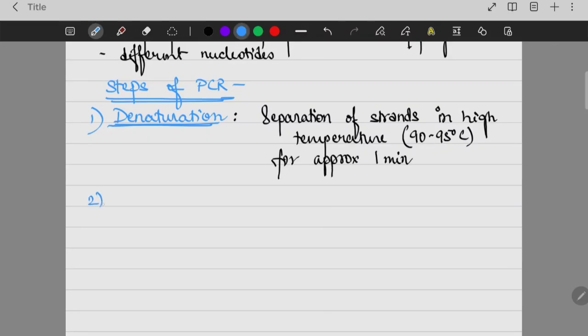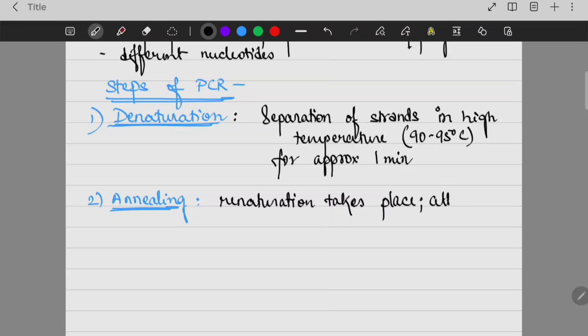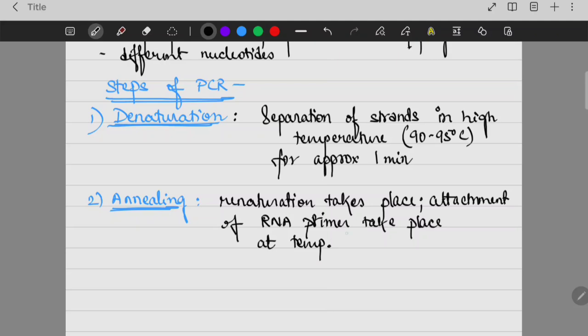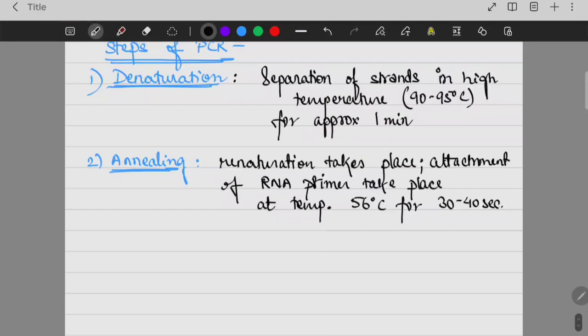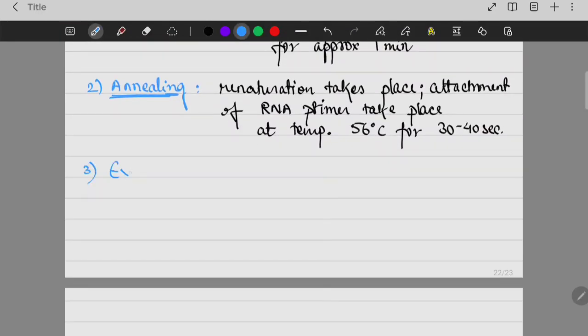Now the second one is annealing. In annealing, renaturation takes place, so that attachment of the RNA primer takes place at a temperature cooled down to 56 degrees Celsius for 30 to 40 seconds. Now the third one is extension.